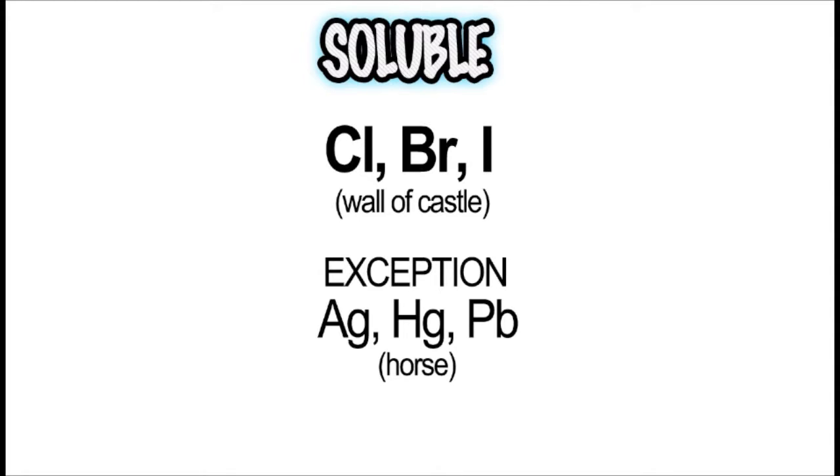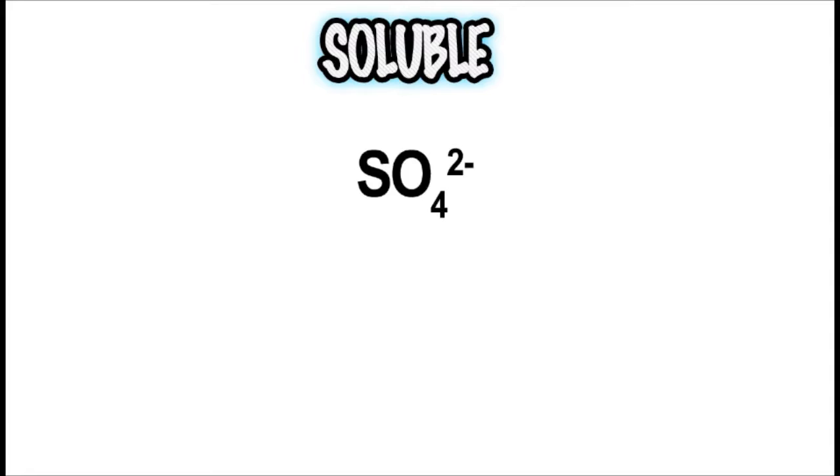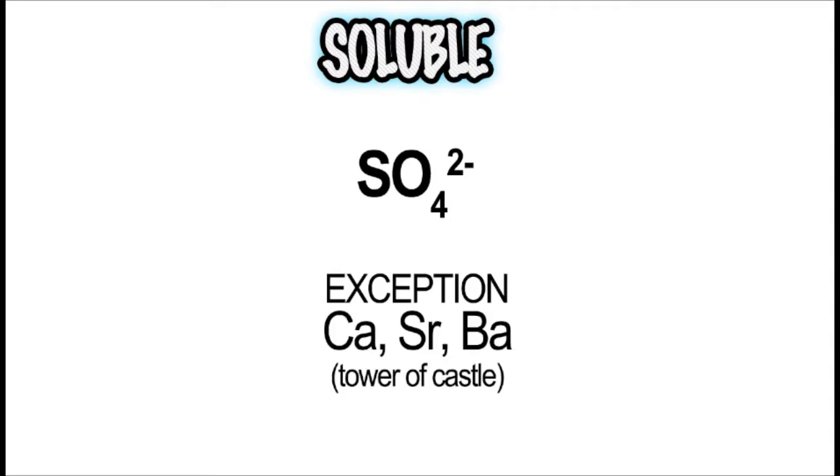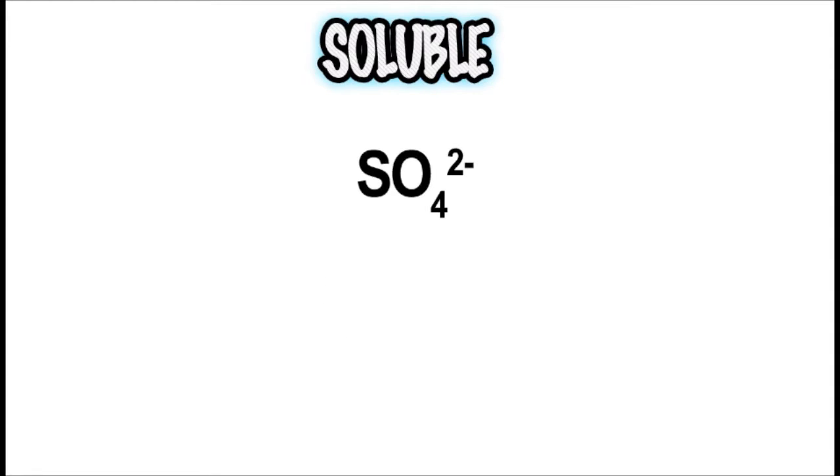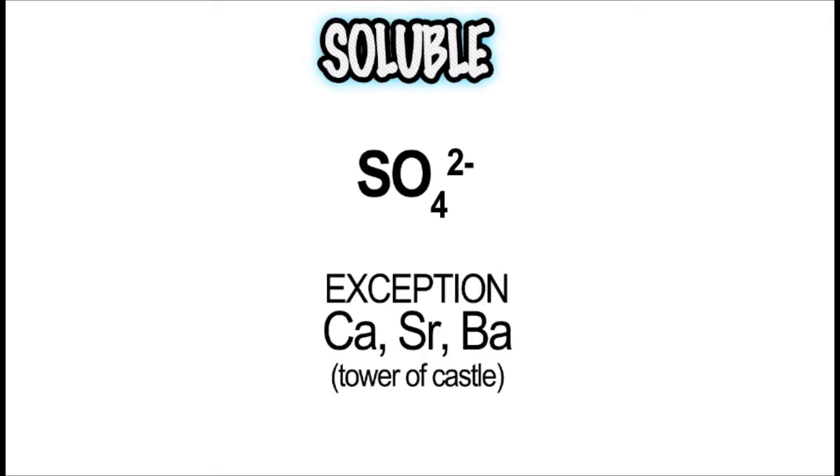And as I said before also, sulfate is the only compound that has an exception, so it becomes insoluble whenever it is combined with the tower, which has calcium, strontium, and beryllium.